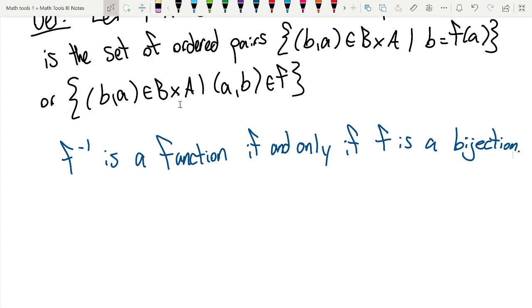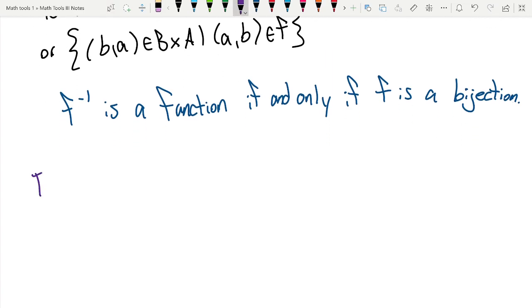So let's write this out as a theorem with a little bit more to it.